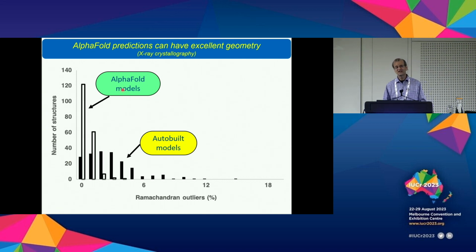What that means is you can take advantage of AlphaFold models as reference models in refinement, using them as a guide for what the backbone angles are likely to be that may be better than the ones you can get by auto building.